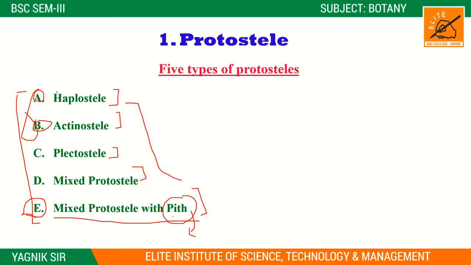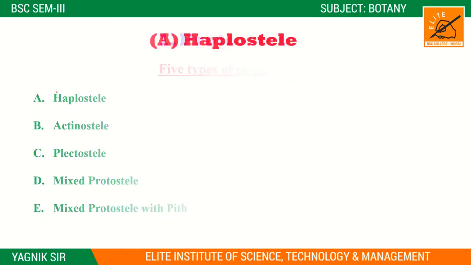So we only have to remember which type of arrangement is present in the haplostele, which in the actinostele, which in the plectostele, and which in the mixed protostele, right? Only just remember the arrangement of the xylem and the phloem, and the difference is very small; not a big difference is present in these subtypes, just minor differences, right?